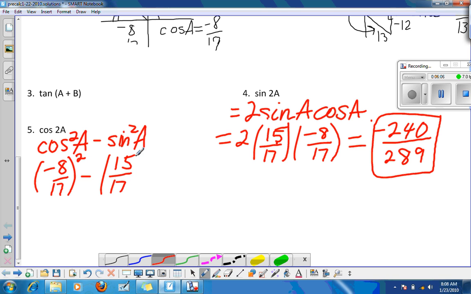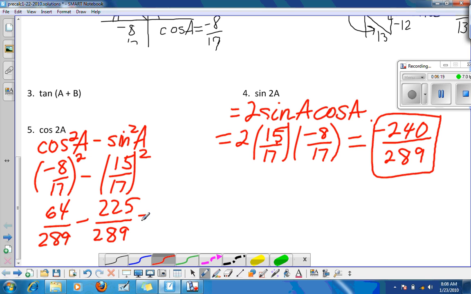Negative 8 squared is 64 over 289 minus 225 over 289. And when we do that subtraction, let's see, what do we get here? 161 over 289, only it's negative 161 over 289. So there's your solution to section 2 of the test.